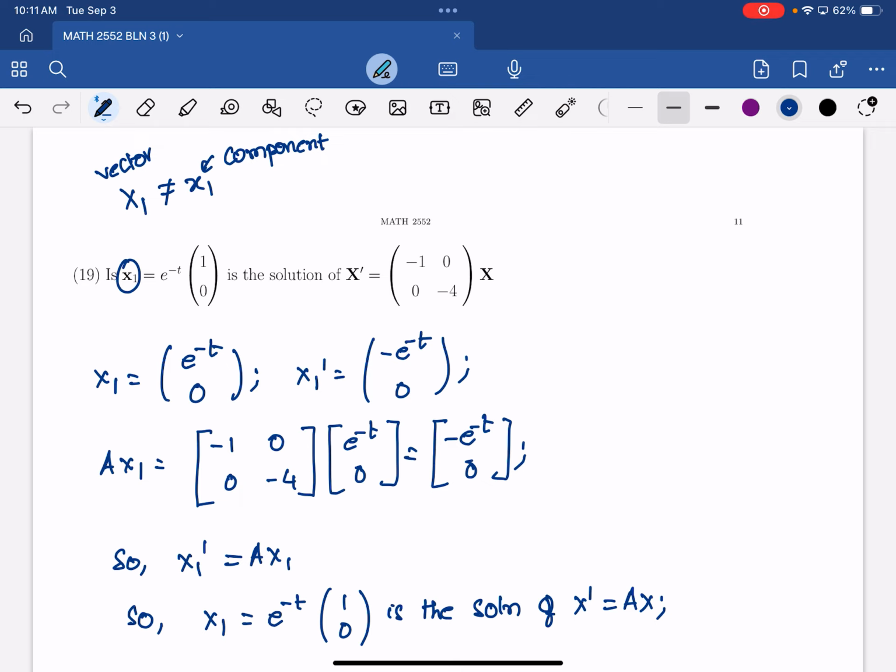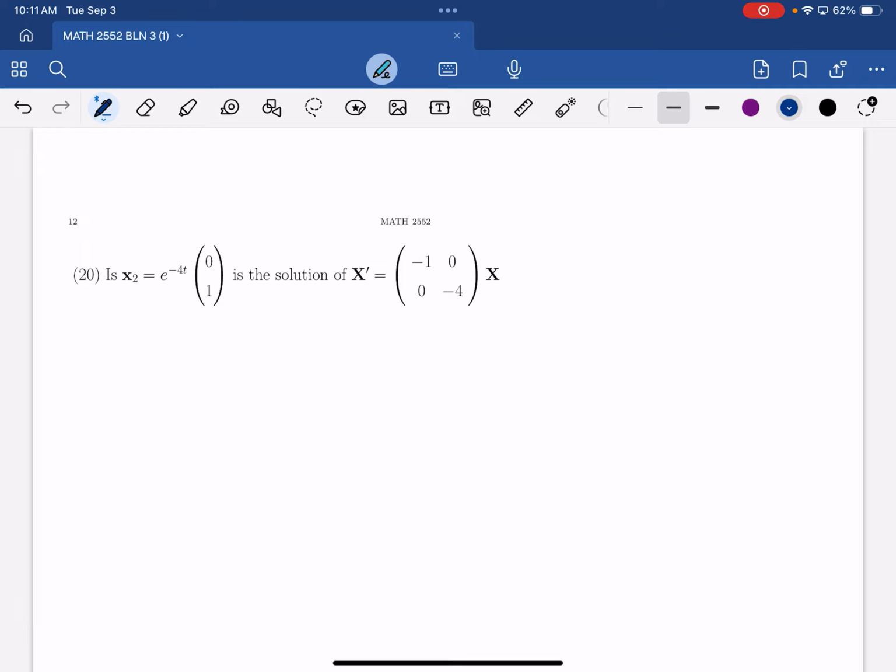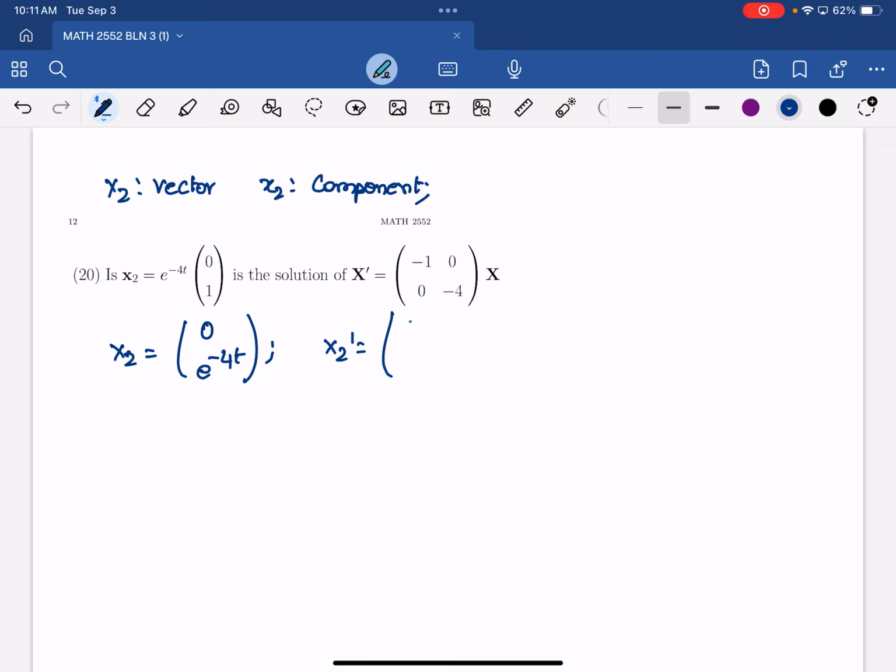Now the next thing, obviously not a surprise, is x2 a solution? Again, x2 is a vector. Remember that x2 as a component is not the same, so both are different. So now what is x2? x2 is going to be 0 and e to the negative 4t. So x2 prime is going to be the derivative of 0, which is 0, and negative 4 e to the negative 4t. So then the question is, what is Ax2? That's going to be the matrix negative 1, 0, 0, negative 4 times 0 and e to the negative 4t.